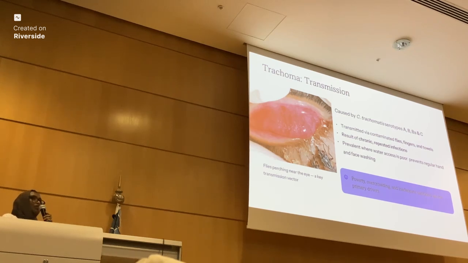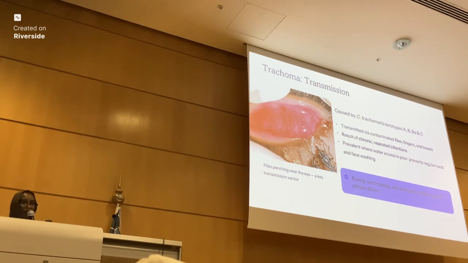The disease is transmitted through flies reaching near the eye, which can act as vectors. Contaminated fingers could also be the reason for getting the disease.